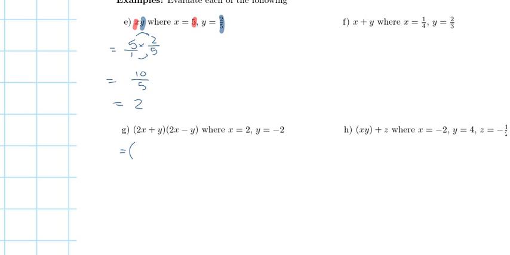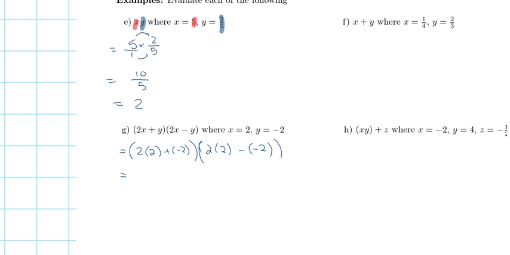So it's going to be 2 times 2, right? Plus negative 2. And then 2 times 2 minus negative 2. I have to do the multiplication first inside the bracket. So 2 times 2, that's 4.